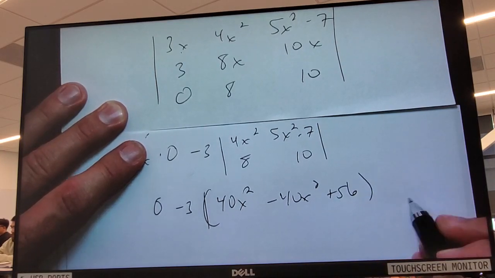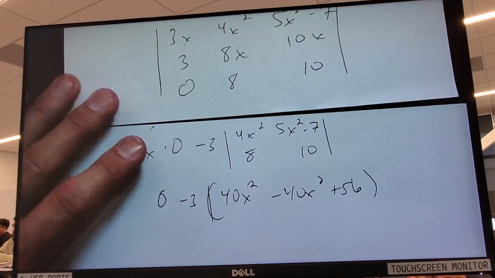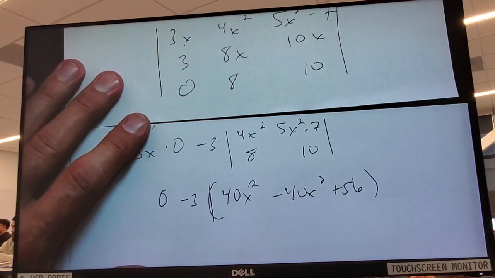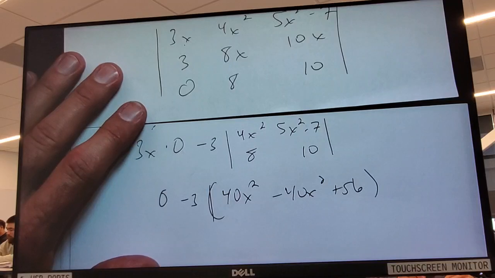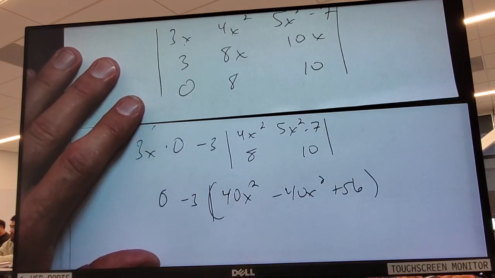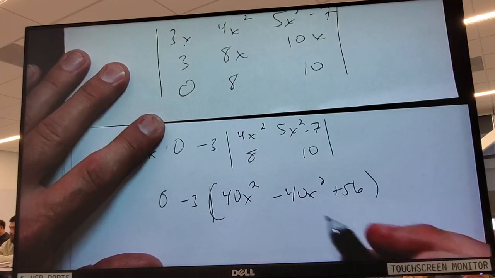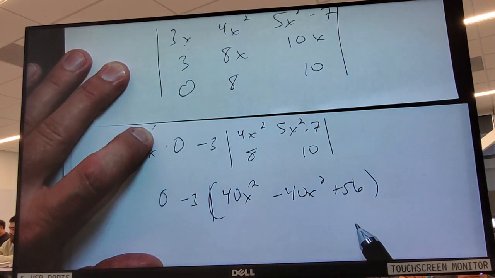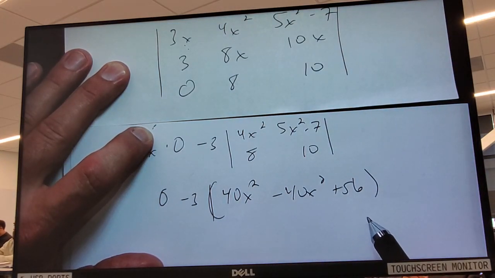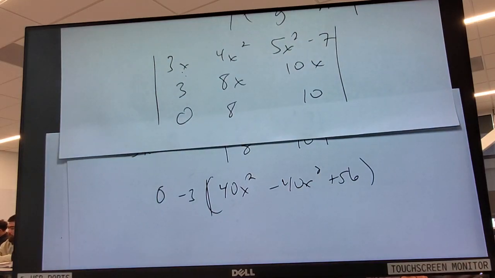And then that would be 0. Wait, was it minus 3? Oh, never mind. Yeah, 3x minus 3 times this determinant. I got so now, well, okay. I'm not sure what I did there.